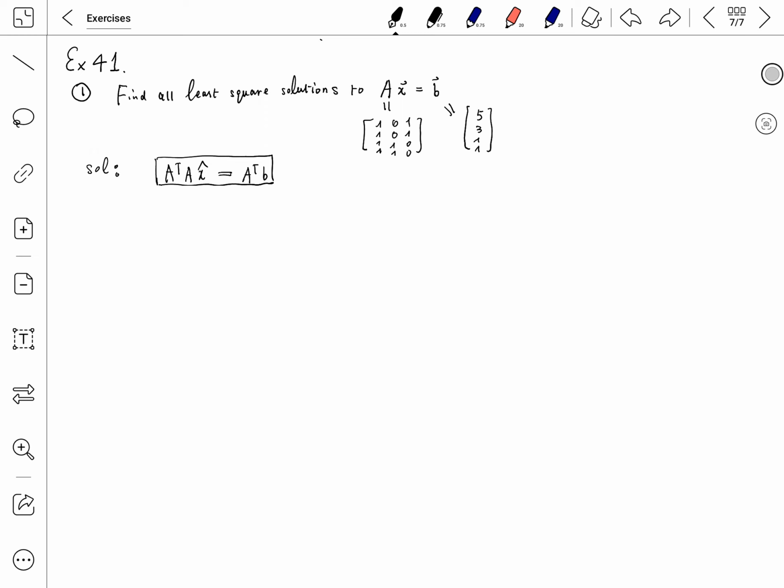Then you compute this, and it is equivalent to solving for x hat, which is a 3x1 matrix. And then you solve it, you find that there are infinitely many solutions.